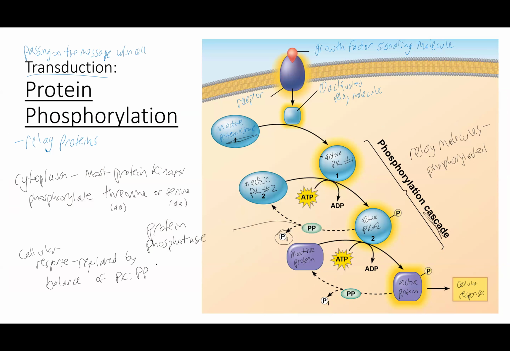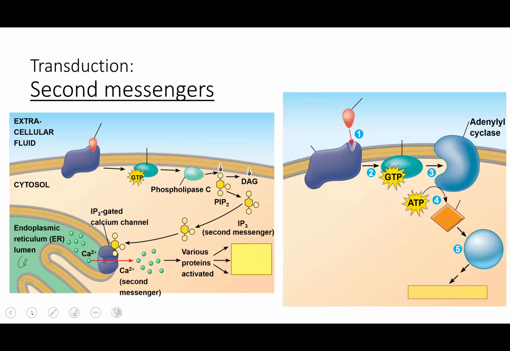So if you have more protein phosphatases acting, that's going to take off more phosphate groups, so that's going to inactivate them. If you have more kinases, you're going to activate more. So you can kind of control the rate of response based on which enzymes are more present. And we got to move faster. I'm getting all wound up about phosphorylation.